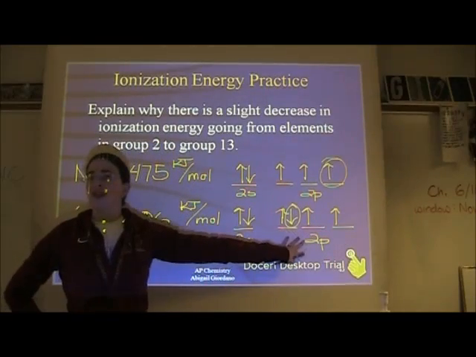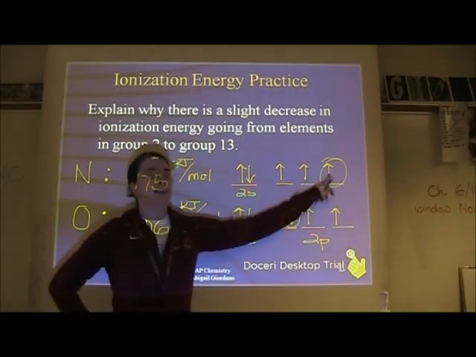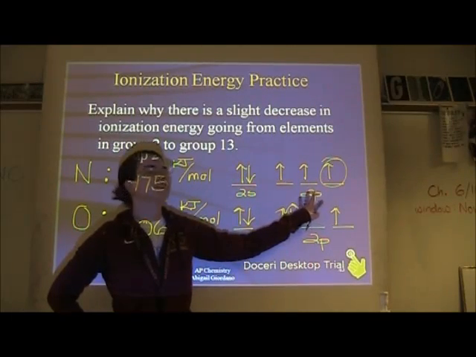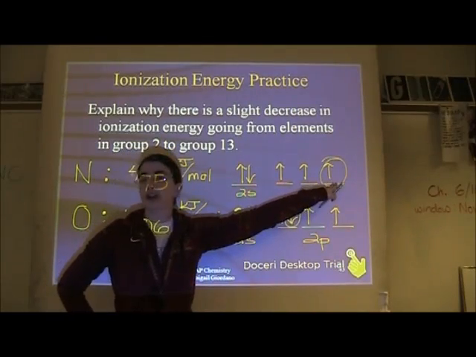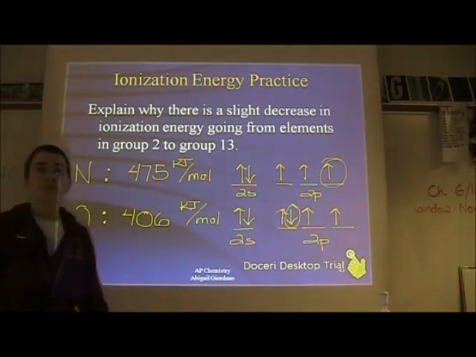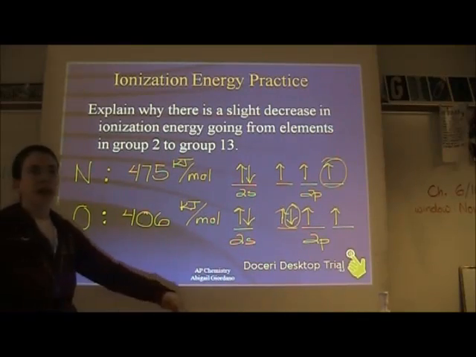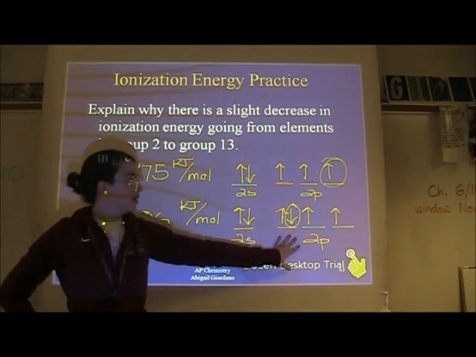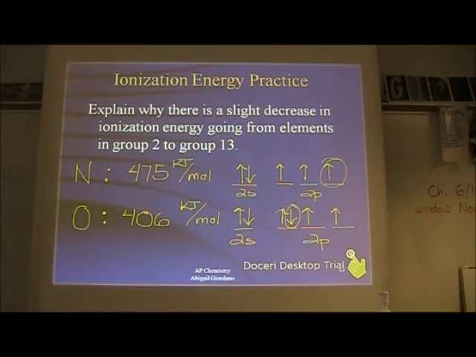A partially filled sublevel than a, how about half filled? Isn't it exactly half filled here? Less energy is required to remove an electron from a partially filled sublevel than from a half filled sublevel.